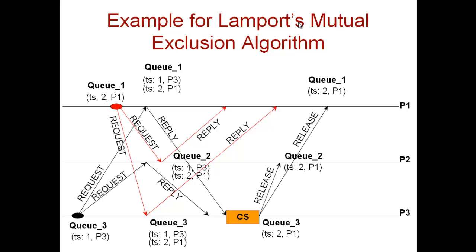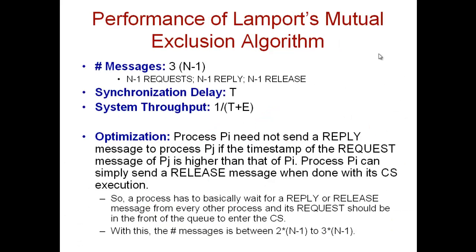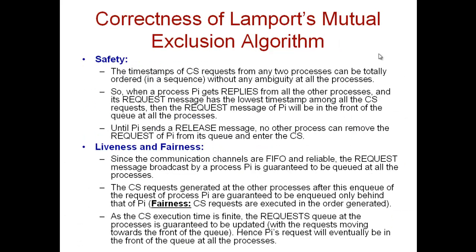And similarly with the optimization, a process like P3 is going to defer its reply and send a release only after it is done with the CS execution. So a process like P1 should have received either a reply or release from all the other processes, and its own request has to be in the front of the queue. So there is no way more than one process is going to execute the CS at any time. This way you can say the algorithm provides the safety property.